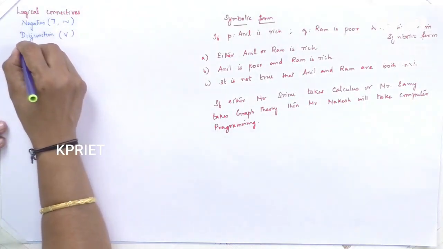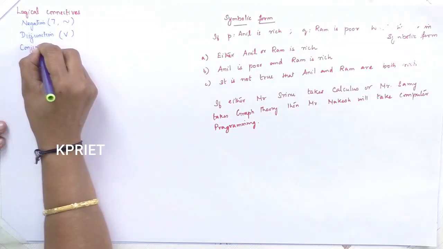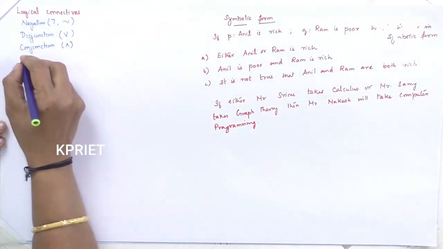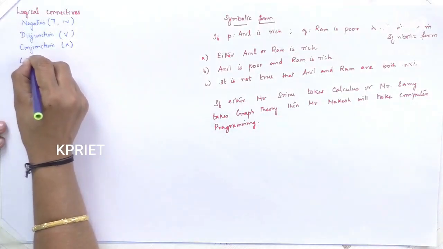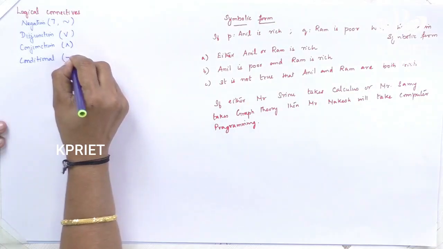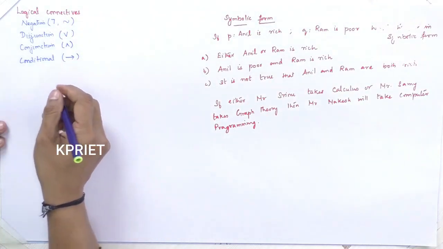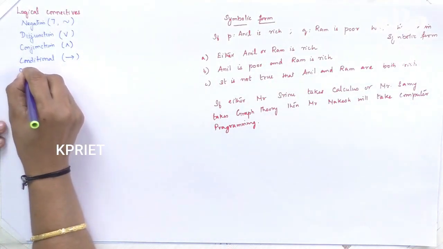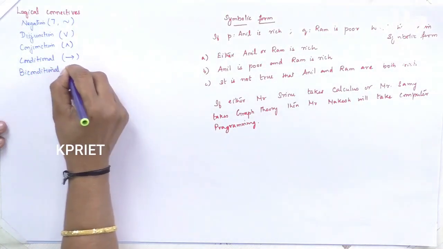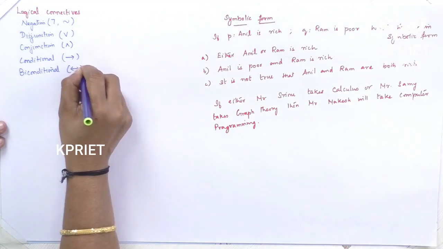Next we have conjunction, denoted with the and symbol. Next we have the conditional connective, denoted by if and then. Finally we have the biconditional. So biconditional is if and only if.